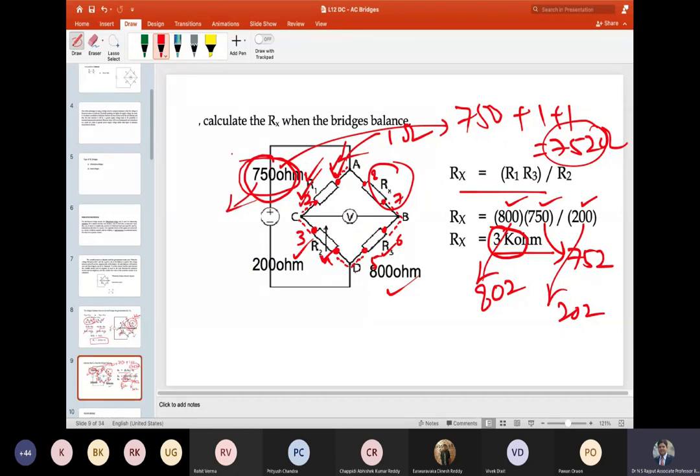However, now consider a situation when you want to measure very low resistances. For example, the unknown resistance is 1 ohm itself.